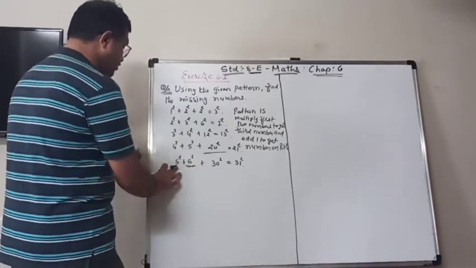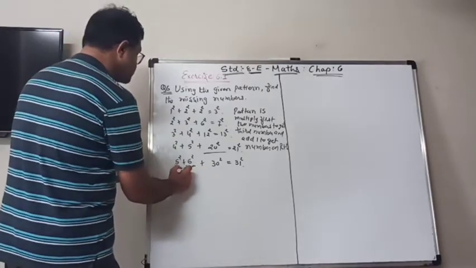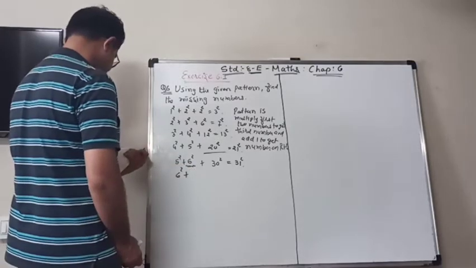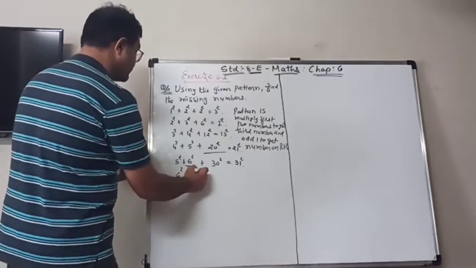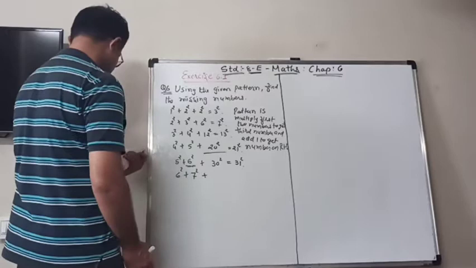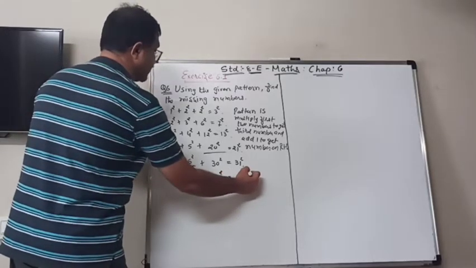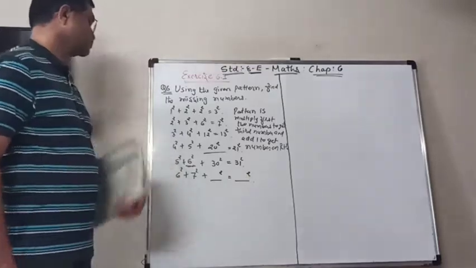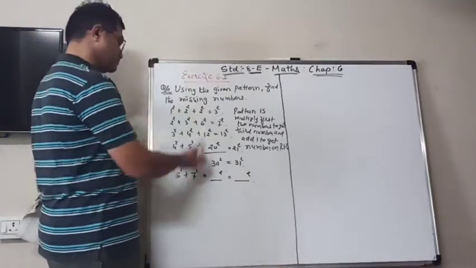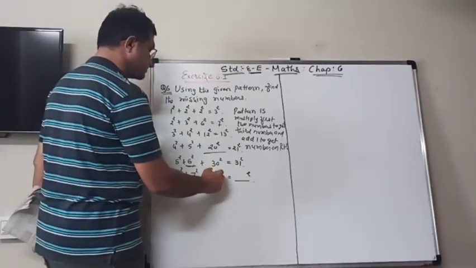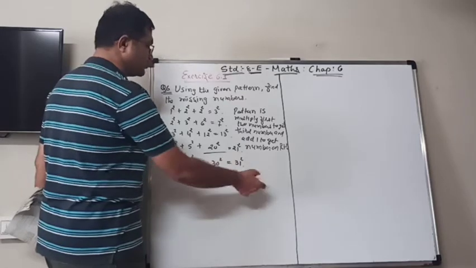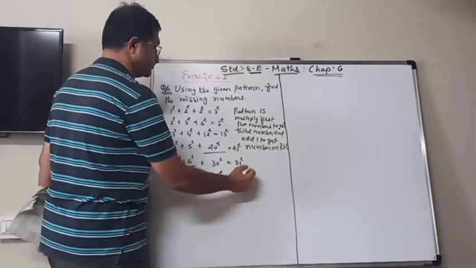There is another one also. 6 square plus 7 square plus blank square is equal to blank square. So here also same, 6 7s are 42 plus 1, 43.